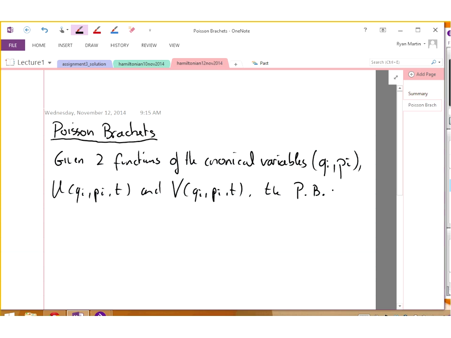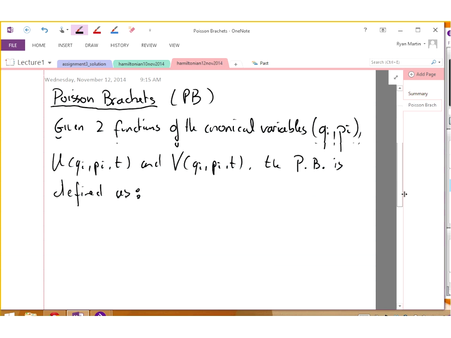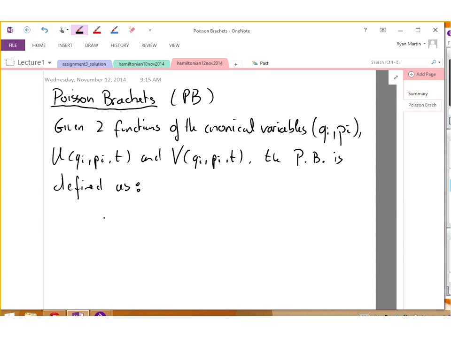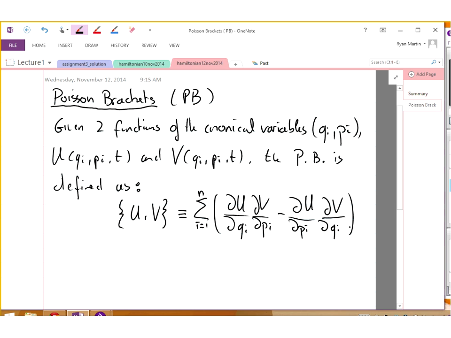The Poisson bracket, which I'm going to abbreviate PB, is defined, so we use this curly bracket notation, curly bracket u with v, to be the sum from i equals 1 to n of ∂u by ∂q_i times ∂v by ∂p_i minus ∂u by ∂p_i times ∂v by ∂q_i.